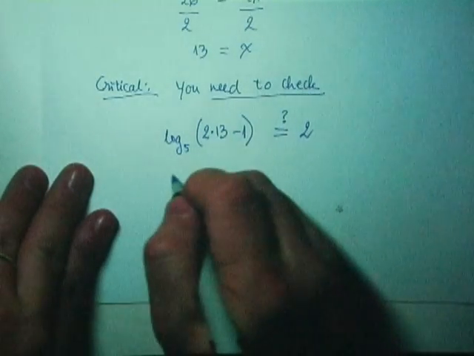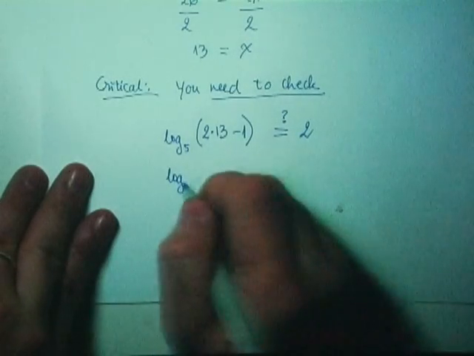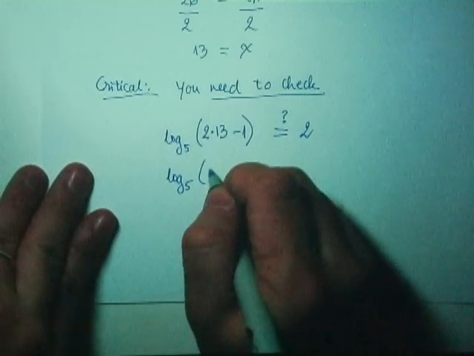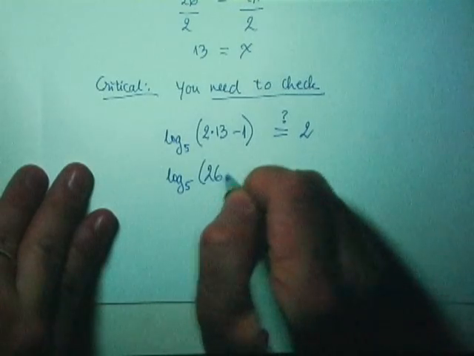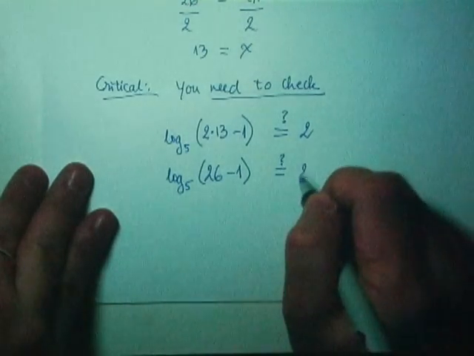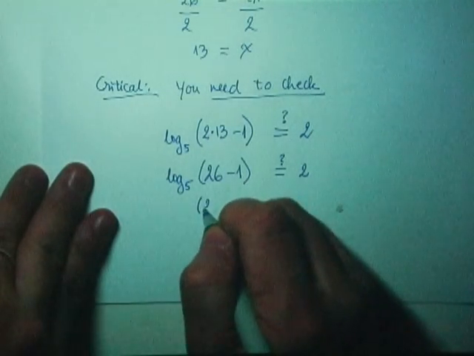So now, continuing further with the left hand side expression, I have log base 5 of 26 minus 1, and then it's probably not clear yet whether it's equal to 2, but now what I can see is that 26 minus 1 equals 25.